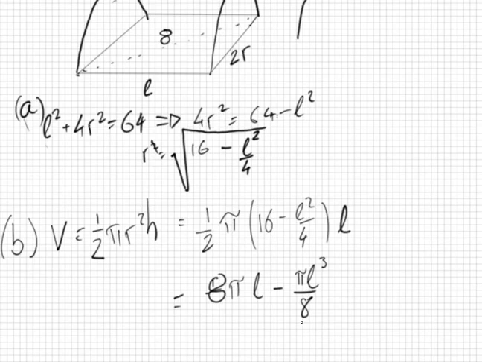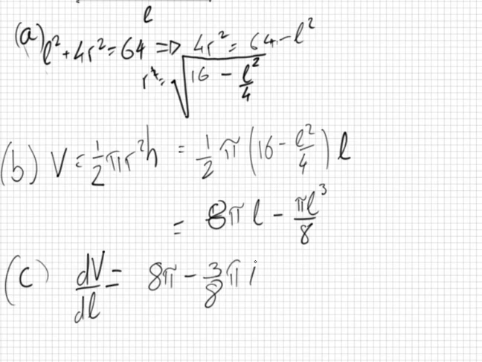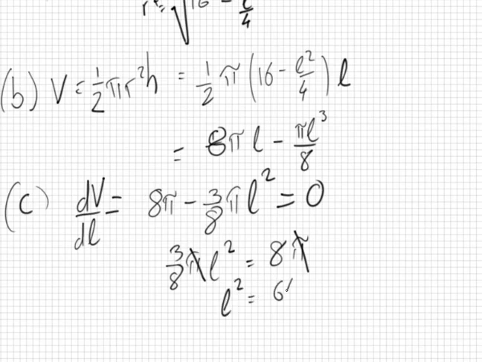So now part C is find the maximum volume. So we have to find dV/dL, that equals 8 pi minus 3 over 8 pi L squared, and we need this to equal 0. So we get 3 over 8 pi L squared equals 8 pi. The pi's cancel. So you get L squared equals 64 over 3.